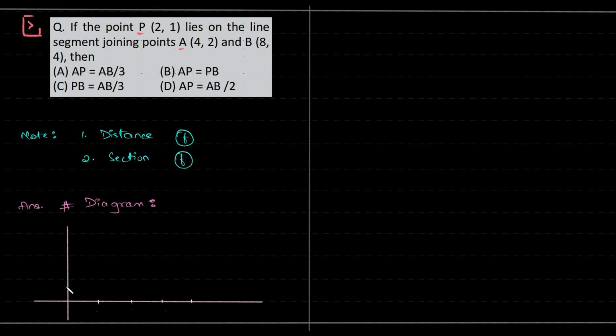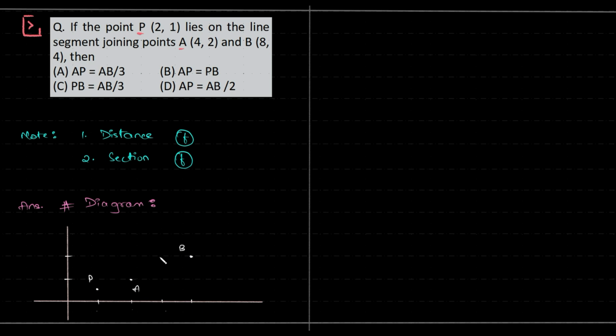And this would be 1, 2 and 4. Okay, this is good enough. First point is 2 and 1. It's over there. Then we have 4 and 2. It's over here. 8 and 4. It's over there. So clearly point P is over here, point A is over here and point B is over here.